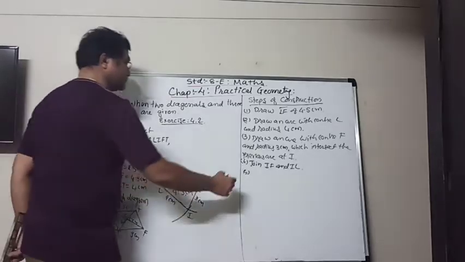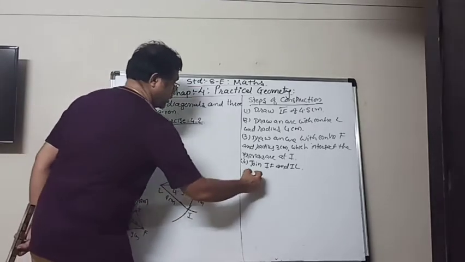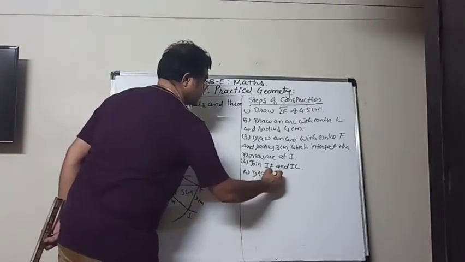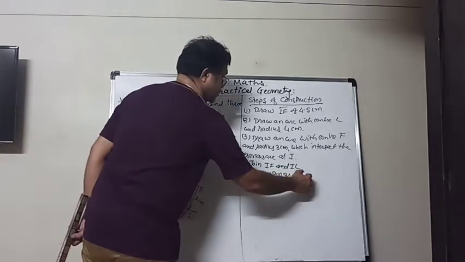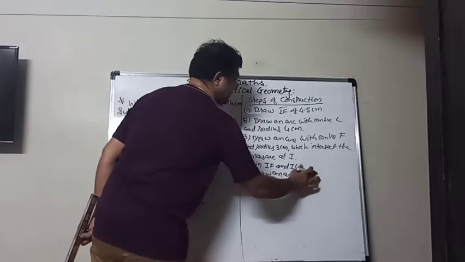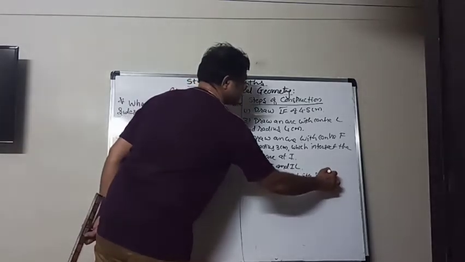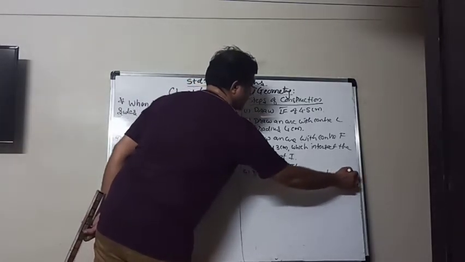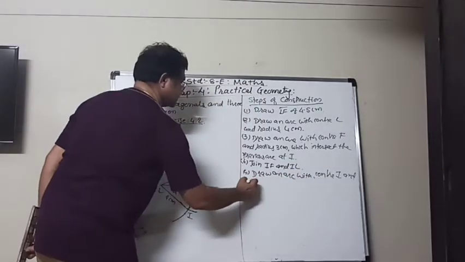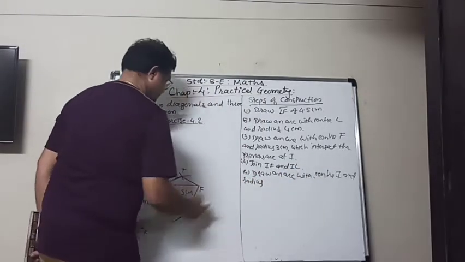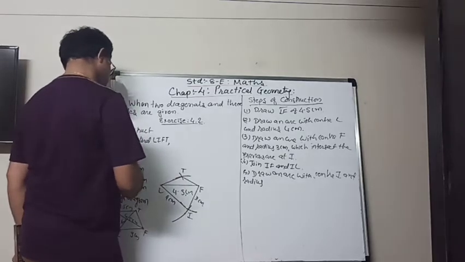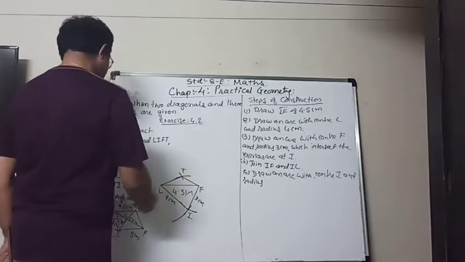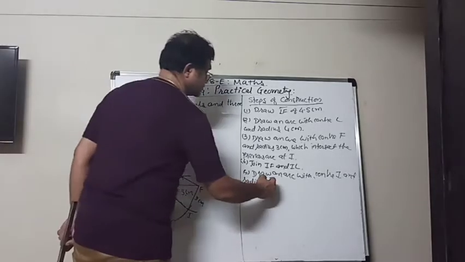Now the steps. Draw an arc with center I, and radius. How much we take radius? With IT is given 4 centimeter.